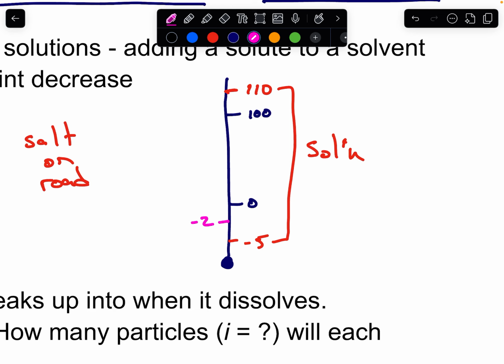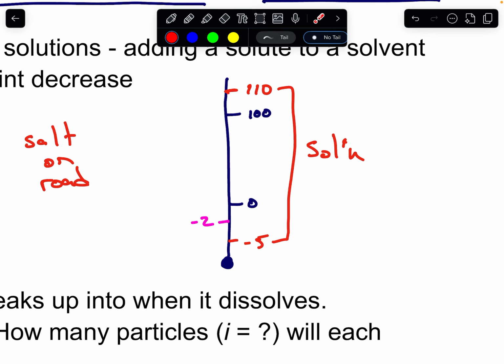As it makes that solution, it starts to lower the freezing point. Let's say that the temperature outside, I'll use pink for the temperature outside, is pretty cold, below 0 Celsius. It's at -2 degrees. Let's say that when you throw salt on the ice, it lowers that freezing point, or melting point, down to -5. So the temperature is only -2 degrees outside.